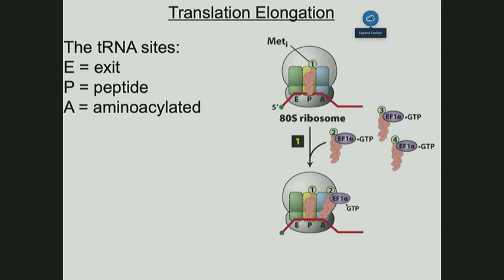The E site is called the exit site, and you'll see why. That's where the tRNAs, after they have given up their amino acid, are going to be shifted to the exit site so that they can be kicked off the ribosome.